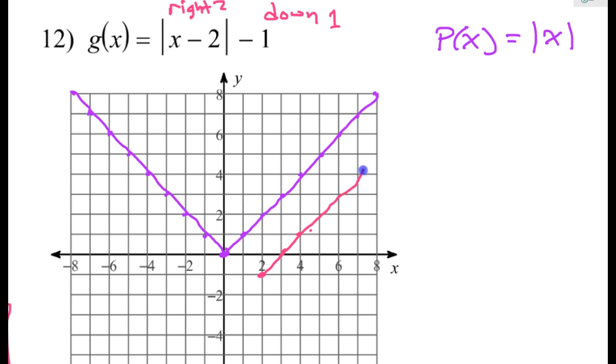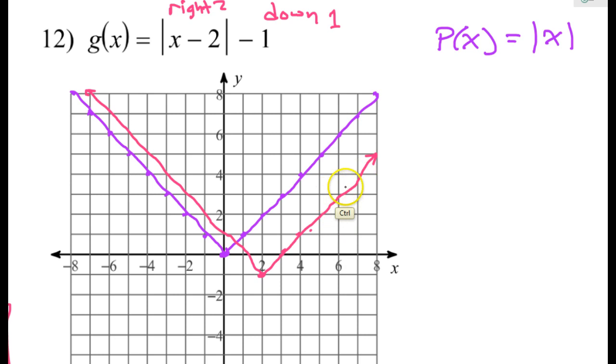It's still going up 1 over 1. Okay, that's close enough. Got a little janky in here, but you get the idea.